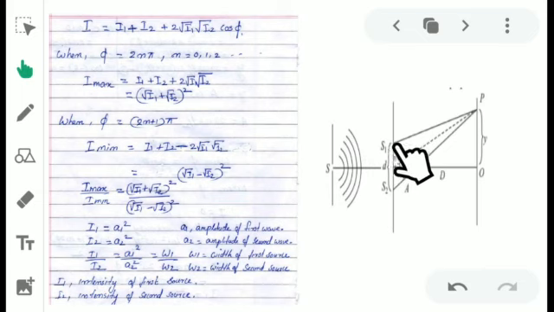Actually W1 is the width of the first source and W2 is the width of the second source. So this is the intensity. The intensity for the maximum, I max, is I1 plus I2 plus 2 root I1 I2. When cos phi is positive, we will get this value. When cos phi becomes negative, we get the minimum value. That is the condition for maximum and minimum.